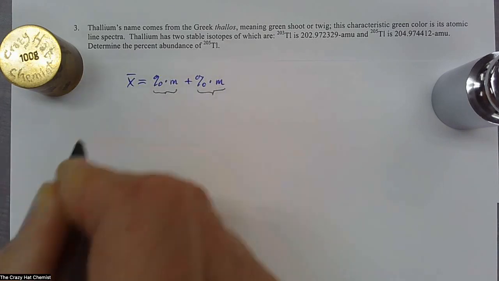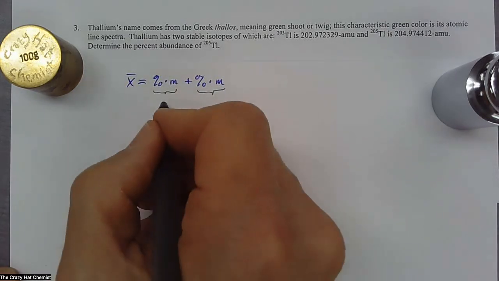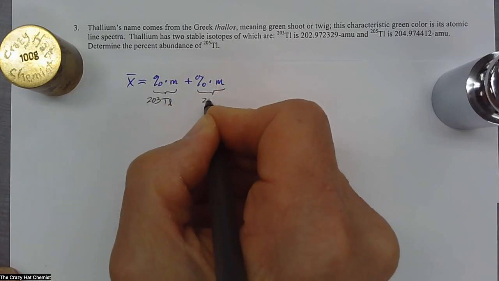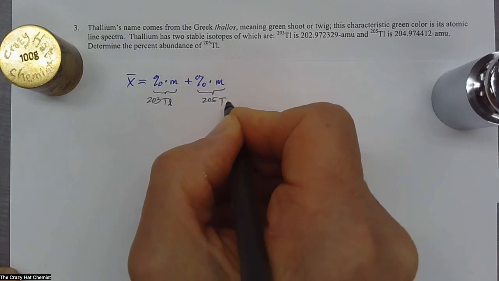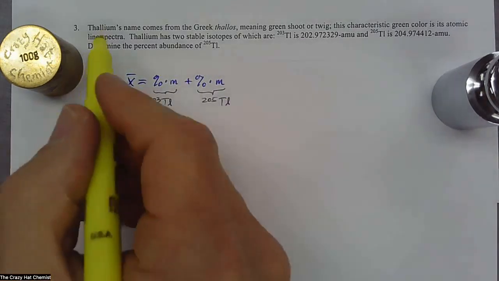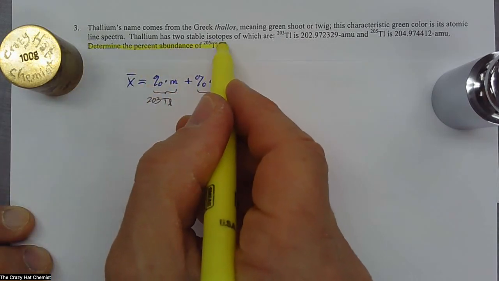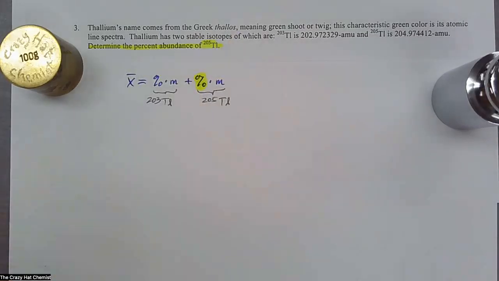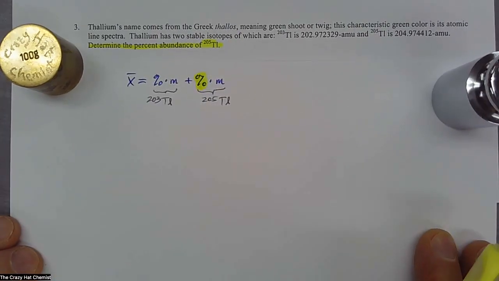This one is the higher mass that is second. So this is thallium-203, and this is thallium-205. So the question is determine the percent abundance of 205. So we are going to solve for this number right there.